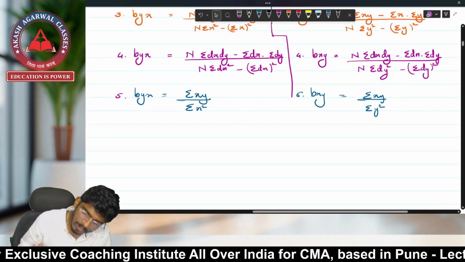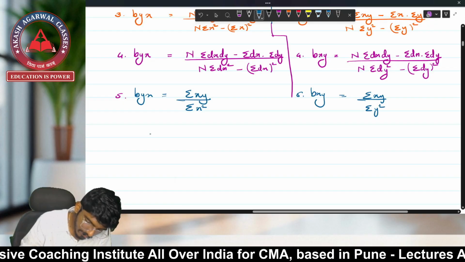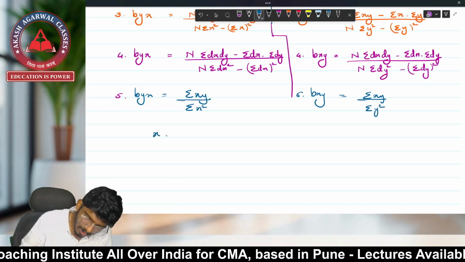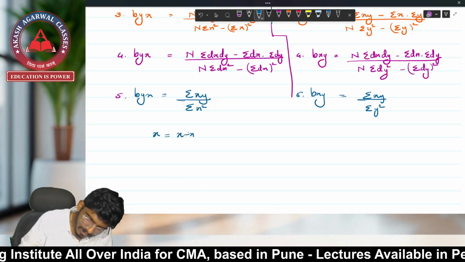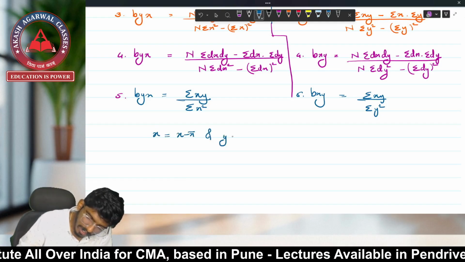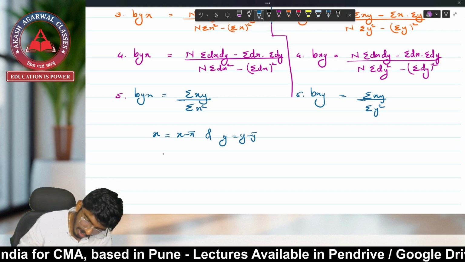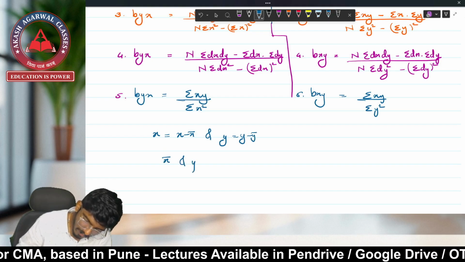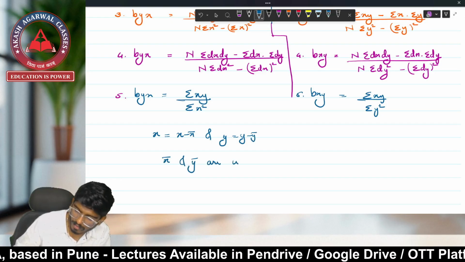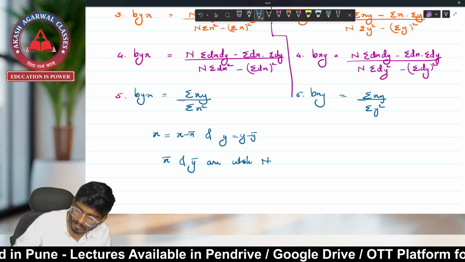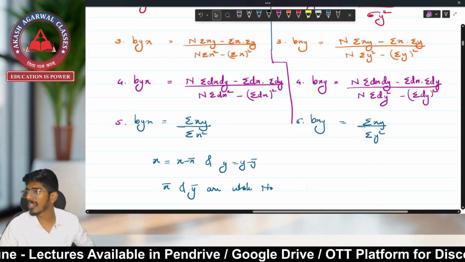We are going to use this formula only and only when we want x to be x minus x bar and y to be y minus y bar. And your x bar and y bar are whole numbers. So the fifth formula is the rarest of all.